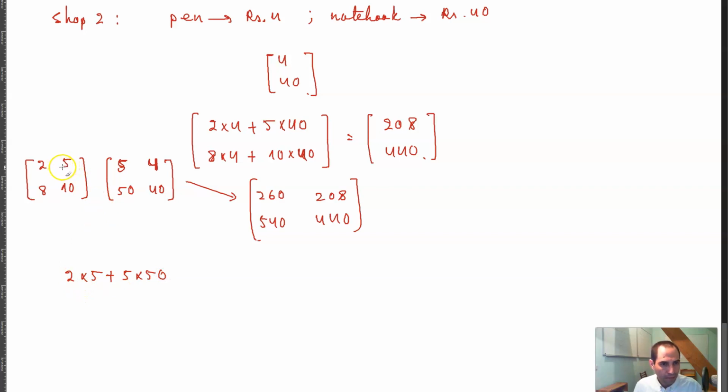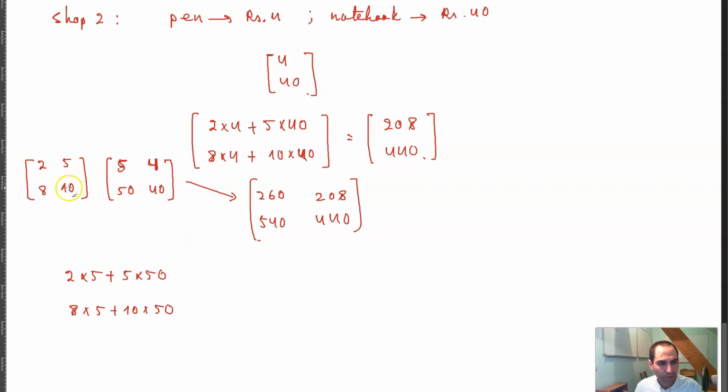And then I can do the same thing for Nadim as well, meaning the number of pens times the unit price for pens, and the number of notebooks times the unit price for notebooks. So that is 8 times 5 plus 10 times 50.